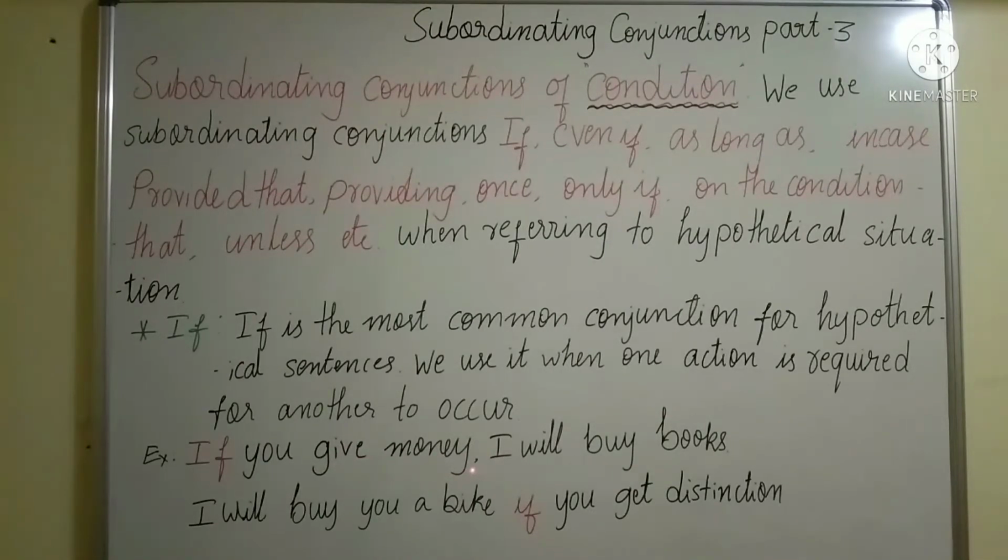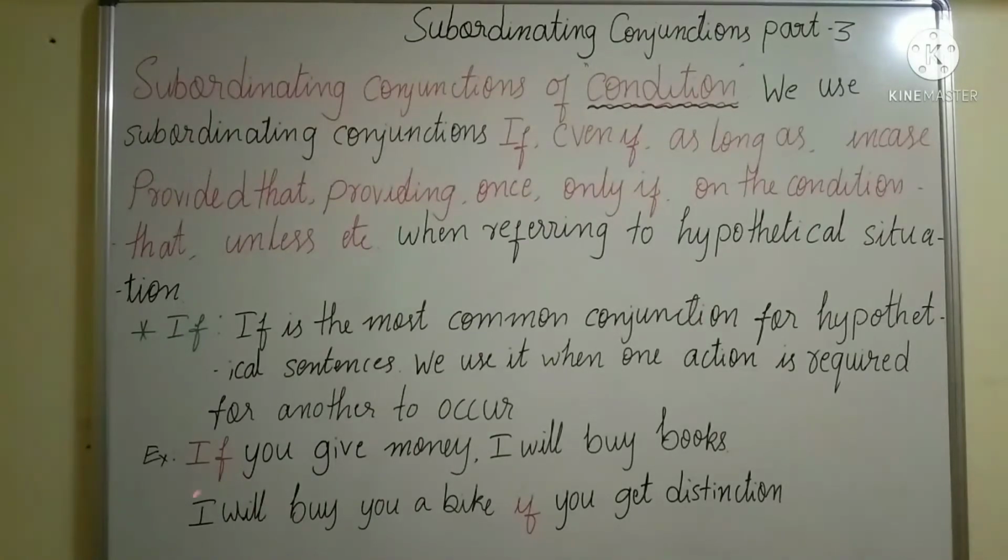See, I have used a comma here because this sentence starts with a subordinating clause. Here, this action depends upon this condition. So that is why we call it a condition.